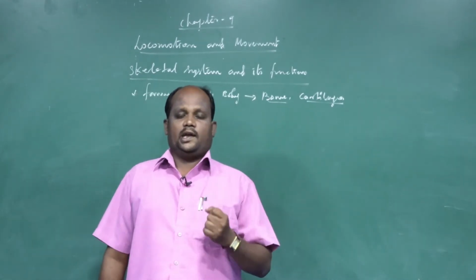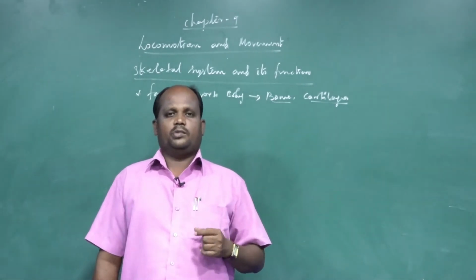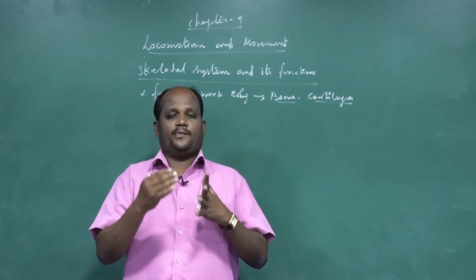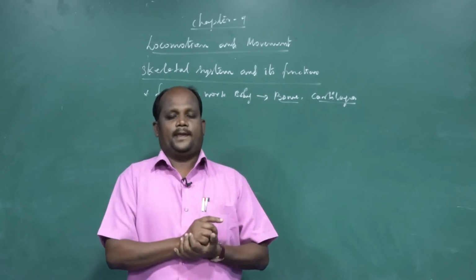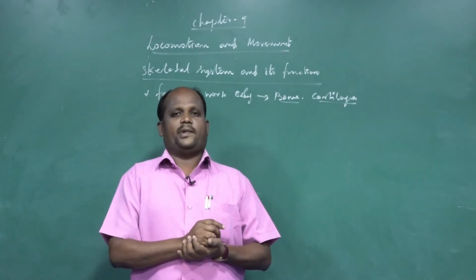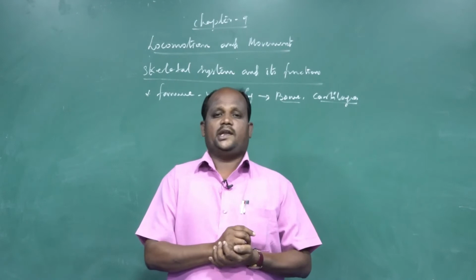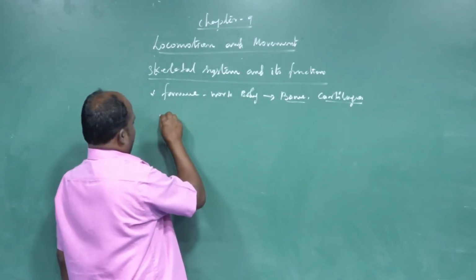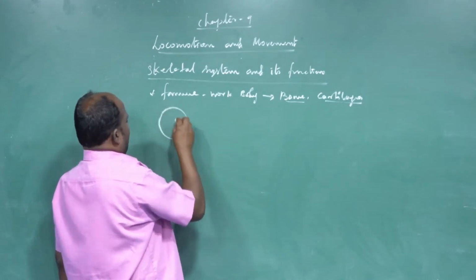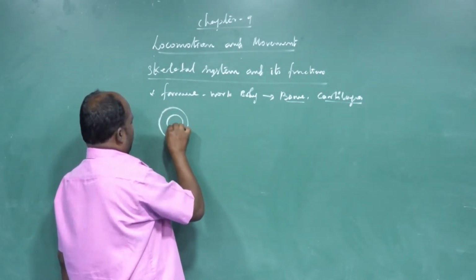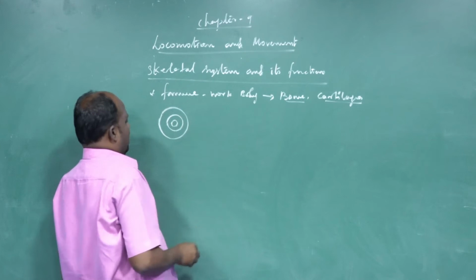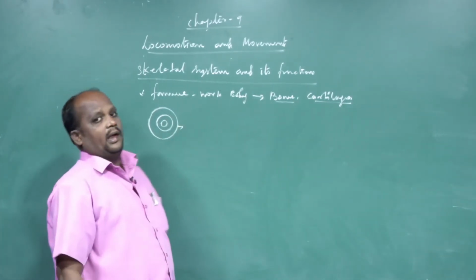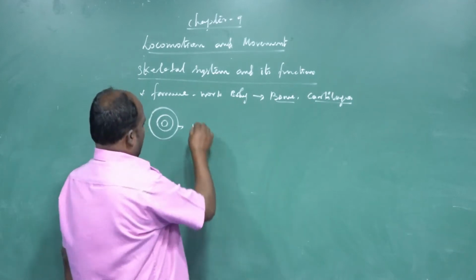The skeletal and muscular structures develop from the embryonic stage onwards. They develop from an important structure. The human embryo consists of three layers: the outermost layer, the middlemost layer, and the innermost layer. These are the primary embryonic layers. What is the name?